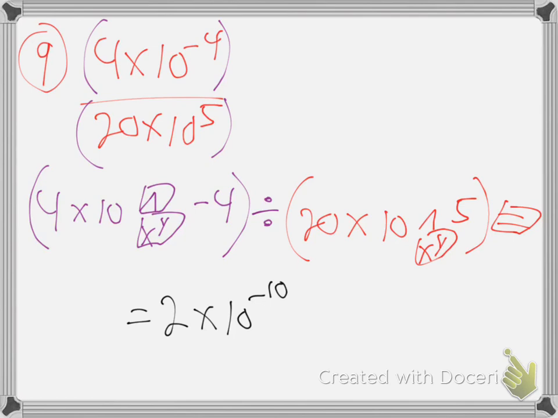One way or the other, you should be able to type that in and get 2 times 10 to the minus 10, because I'm going to lead you forward to the actual answer. That's not it, but that's almost it. Are we good?